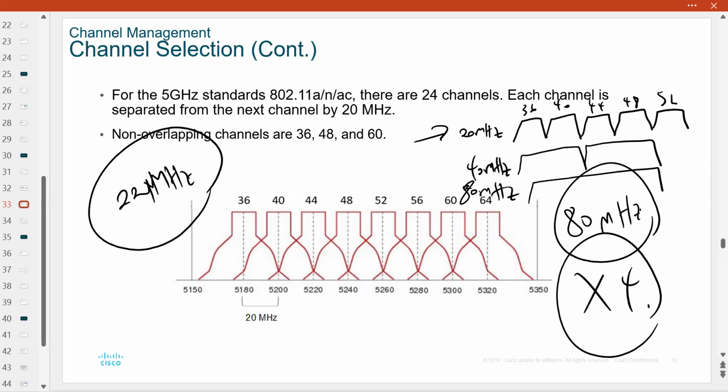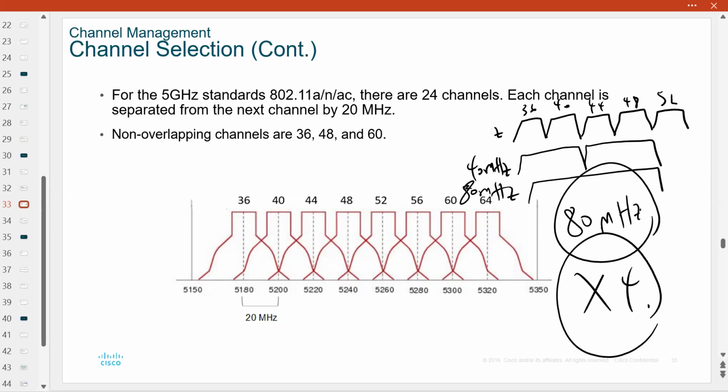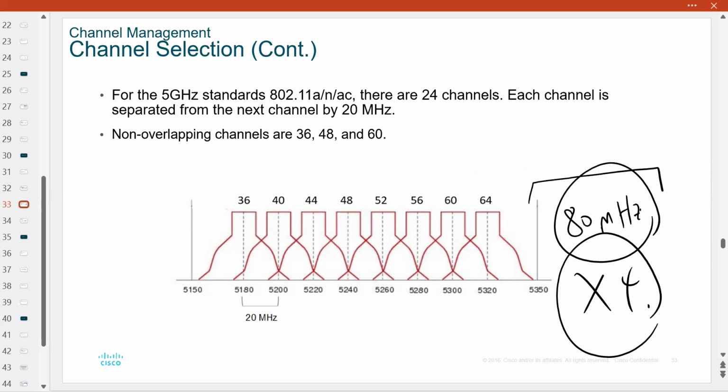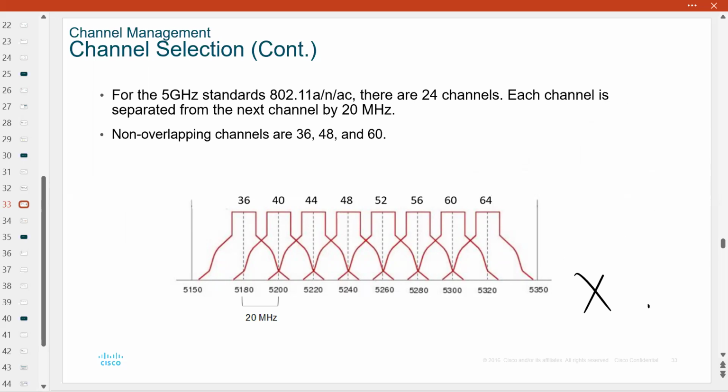Briefly now, a comparison between the 2.4 gigahertz and the 5 gigahertz bands. In terms of range, the 2.4 offers more range than the 5 gigahertz.